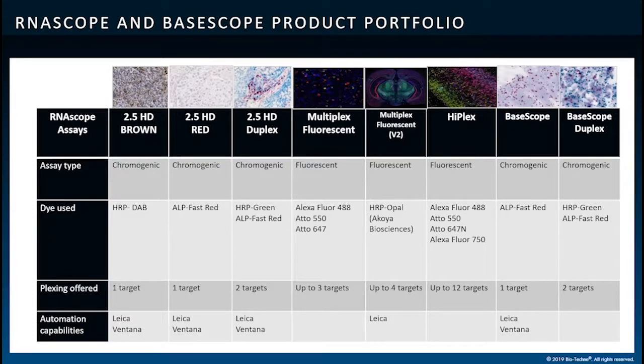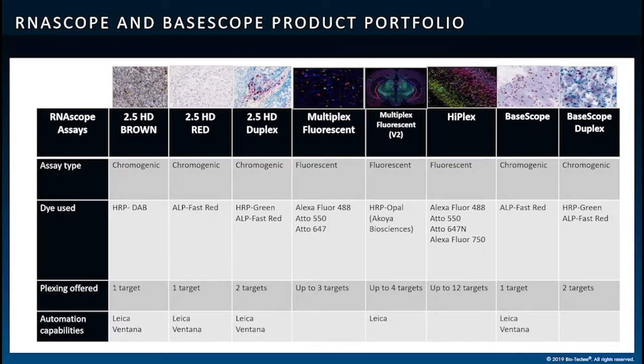The difference is that the V2 assay uses the TSA from Perkin-Elmer for signal visualization and provides a high signal-to-noise ratio. Last year, we introduced our high-plex assay that allows for simultaneous detection of up to 12 targets on a single tissue section.